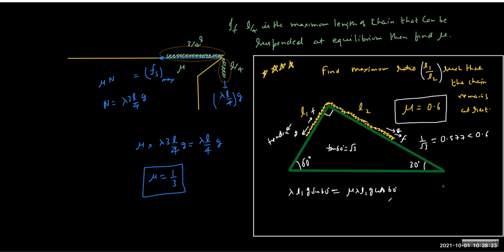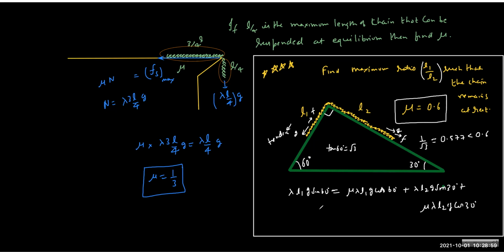So now this is mu lambda L1 G cos 60. The other force is the friction force of this part. The other part is lambda L2 G sine 30 and mu lambda L2 G cos 30. This is the entire breakup.